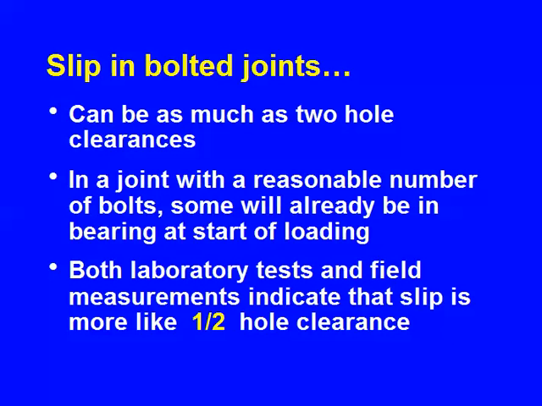Typically, based on measurements, both in the laboratory and more importantly in the field, it's about a half a hole clearance. So what was the hole clearance? An 1/8. Now we're down to a 1/16. Now you should ask the question, is that much slip going to affect my structure? With standard holes, it's about the thickness of a dime, just to give you some physical connection with this.